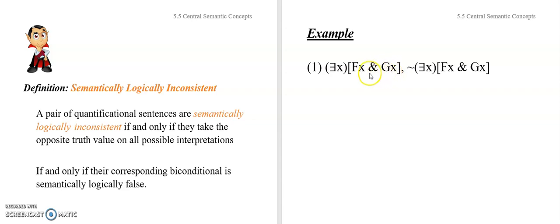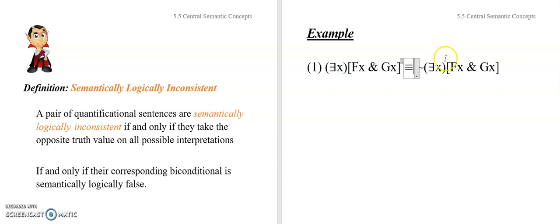So when we start doing syntax, you'll be able to prove that the negation of the corresponding biconditional is a theorem. And so we discussed that in chapter 6. So we can explore related ideas syntactically is the point. But an alternative way of thinking about semantic logical inconsistency is to think of their corresponding biconditional, right? So these are just alternative definitions of the same concept, okay?